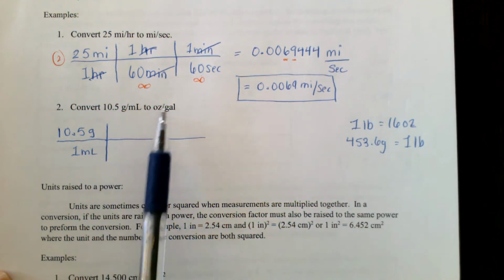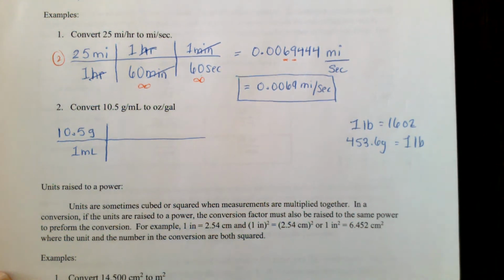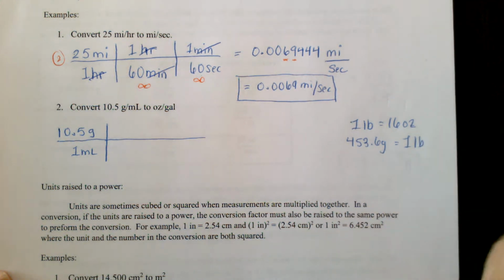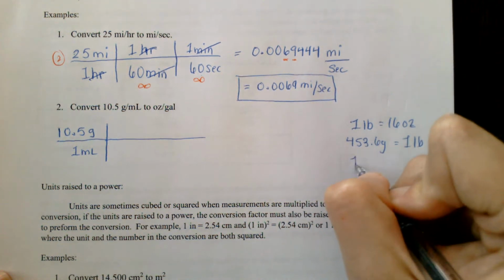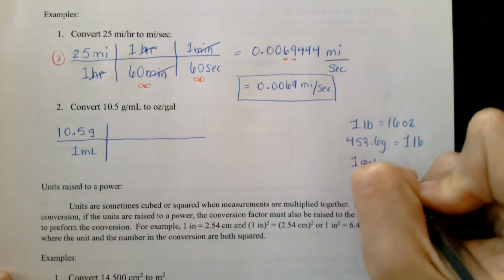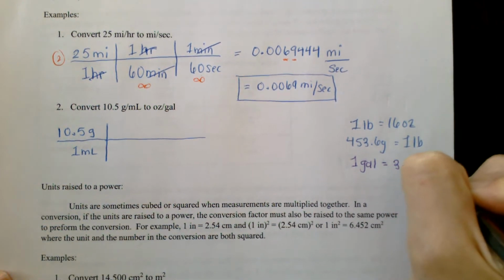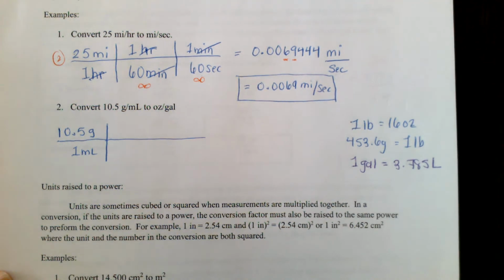Now I need to go from milliliters to gallons. So if I look again at your table of conversion factors in your book, I found that 1 gallon equals 3.785 liters.